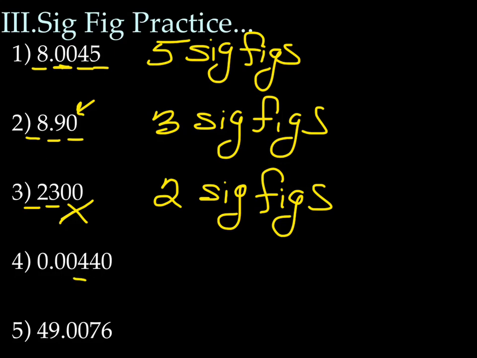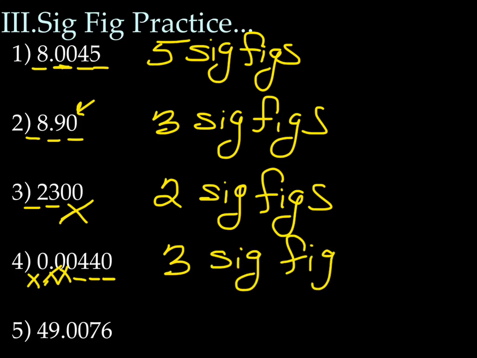The 4 and 4 are significant because they are non-zero digits. The first 3 zeros, none of them are significant because they are not between non-zero digits. They are before or after a decimal, however, there's no non-zero digit in front of it. This last 0 is significant because it's behind a decimal and there is a non-zero digit in front of it. So this particular number has 3 sig figs.